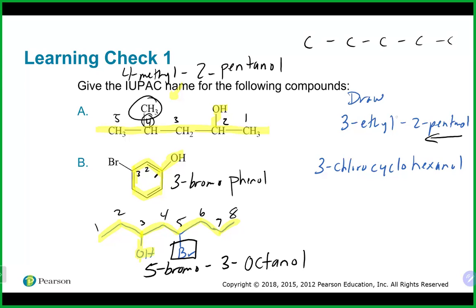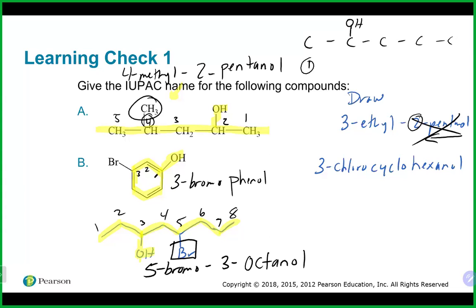OL tells us an alcohol, and the 2 tells us again where the OH group is attached. And as we talked about previously, since you're drawing it, you could go left to right or right to left. I'm going to call this guy right here my carbon number 1, which means my 2 would have the OH there. That's going to take care of that part of it.